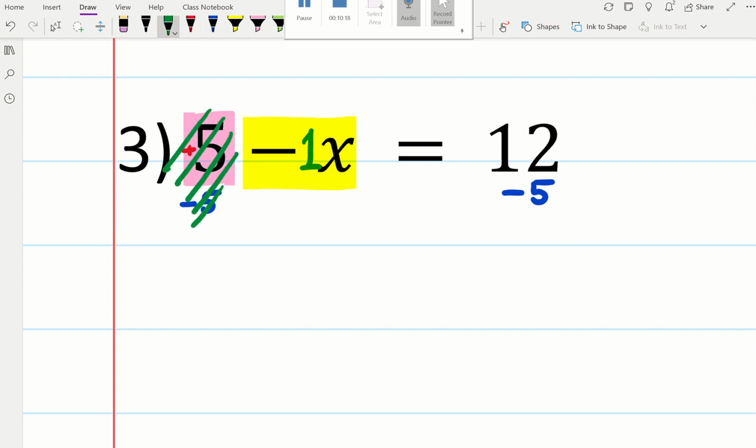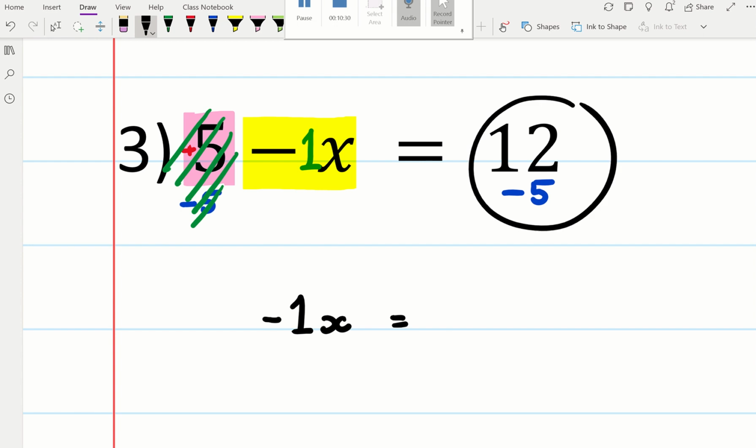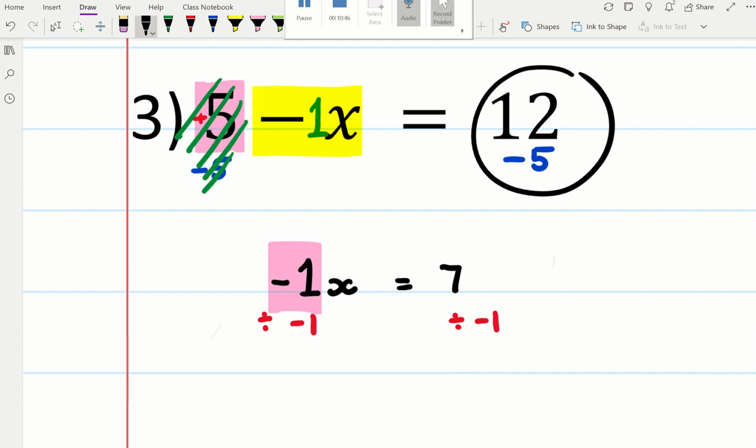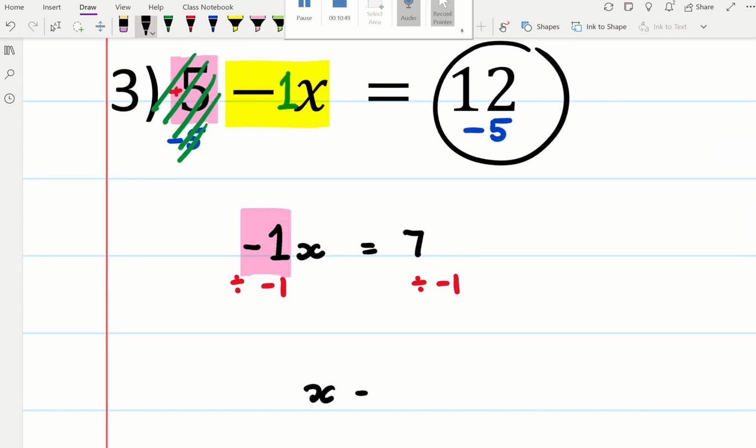This cancels out to 0, and I'm left with minus 1x equals, and you've got 12 minus 5, which is 7. And I don't have a 1x, I have a minus 1x, which is a problem. So I need to divide by minus 1, divide by minus 1. So x equals negative 7.